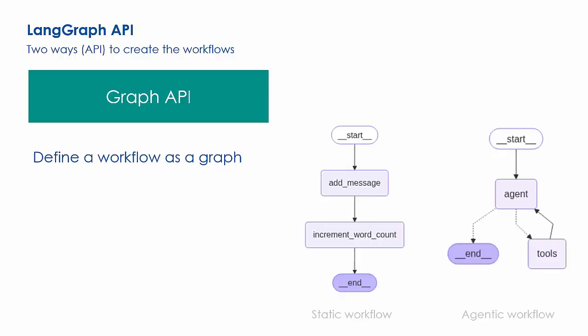This is an example of an agentic workflow in which the agent task uses a reasoning model to decide on the tools to be executed. To create the workflow, you will use the Graph API to set up the workflow as a graph. Then you need to compile the graph. This compiled version of the graph can be visualized and it can be executed with invoke or stream APIs.